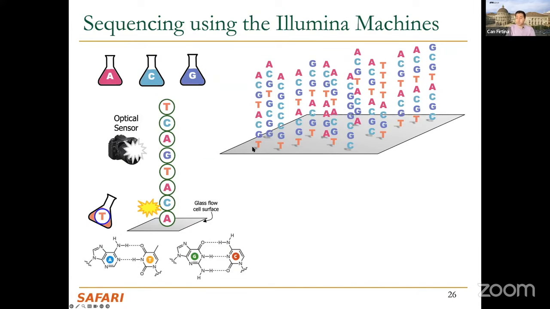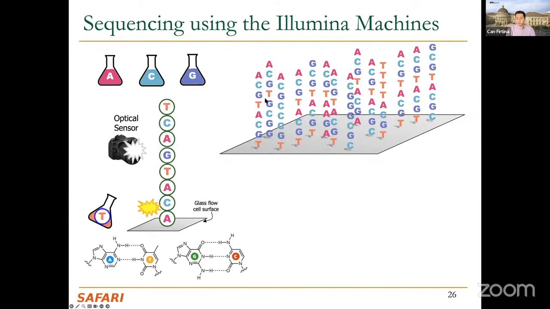What happens is that you may imagine there is some imaginary bond attached to, or nearby, the base that we are supposed to sequence next. These bases can only attach if this particular bond is placed nearby the next base.